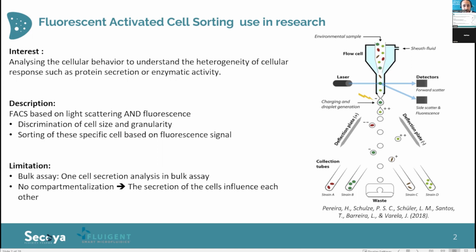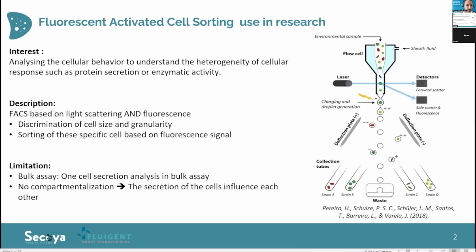And the FACS is a convenient tool to select, among a complex population of cells, those which show a specific fluorescent signal, also indicating the production of a molecule of interest. For example, if you have an antigen antibody reaction, you will be able to observe with the FACS which cells are expressing this fluorescent signal.